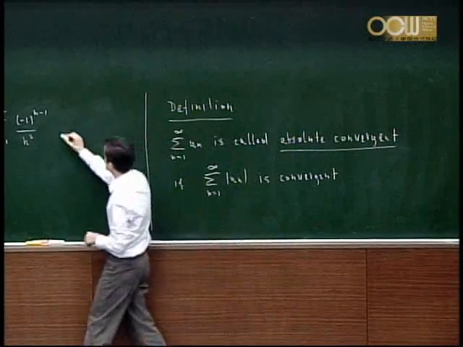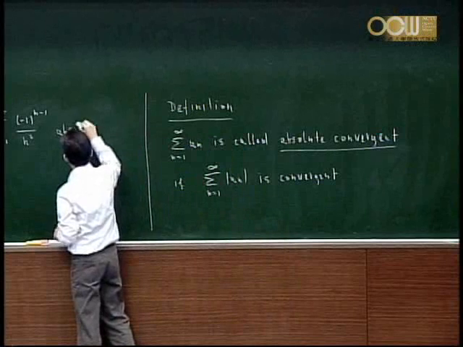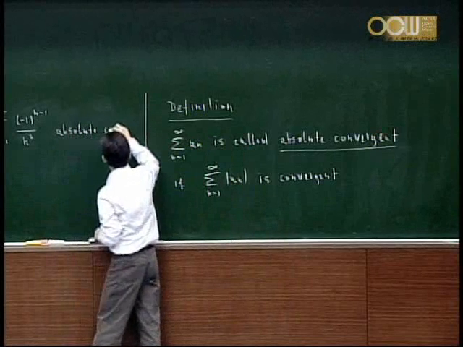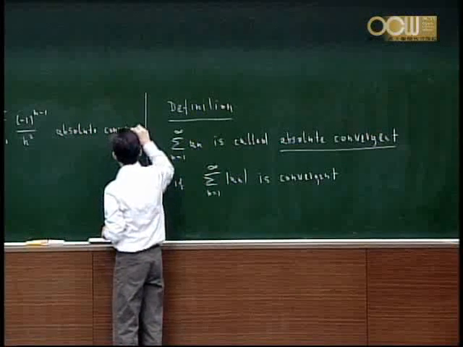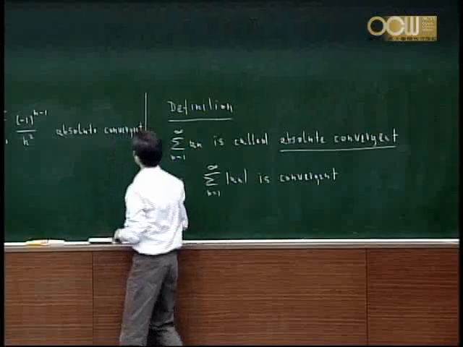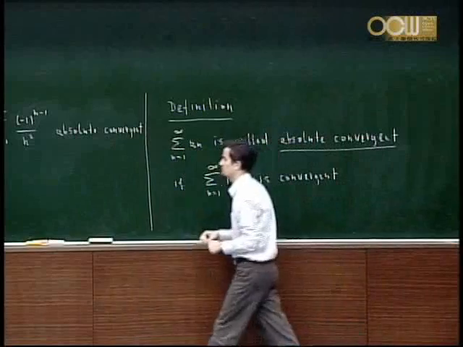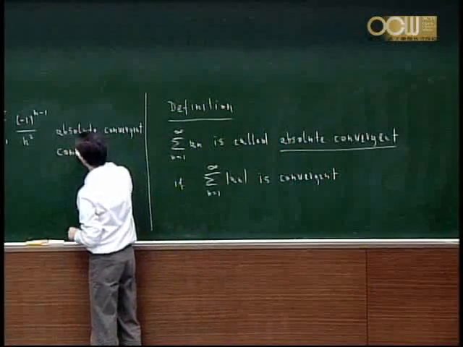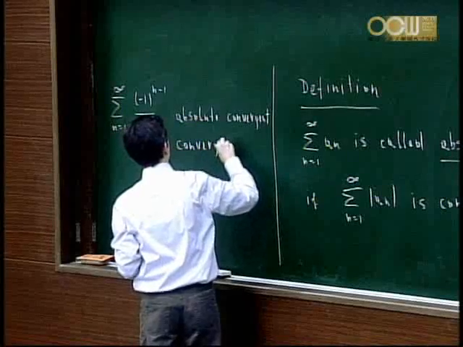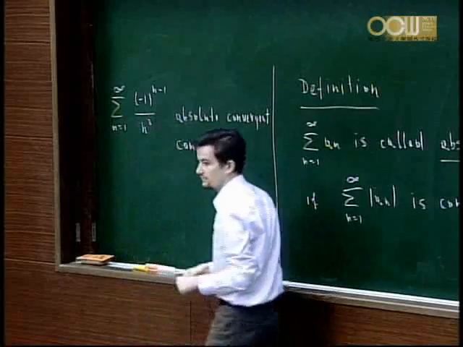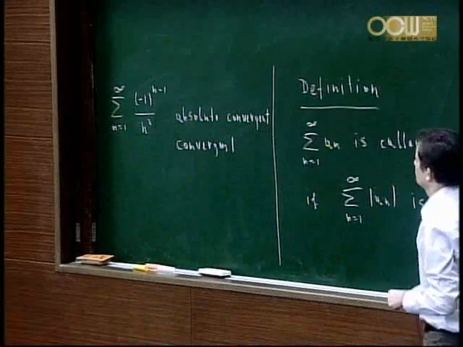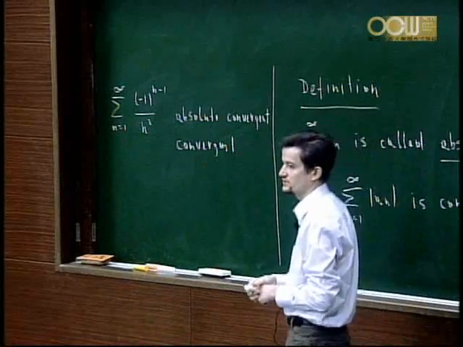So this series is absolutely convergent. In fact, this series is also convergent, as we can easily figure out from the test we have seen last time, because it's an alternating series. So this series is both absolutely convergent and convergent.